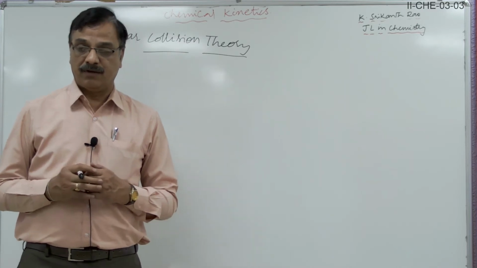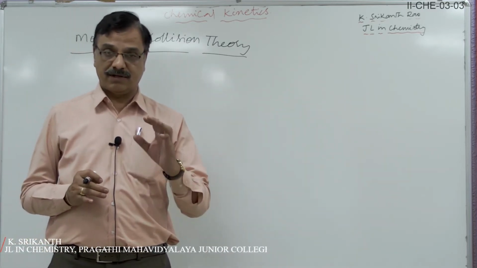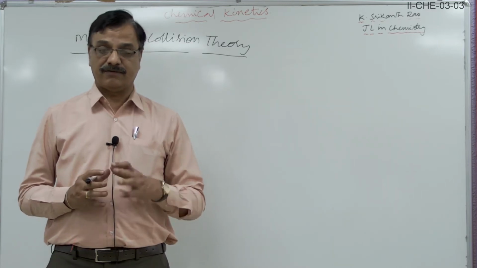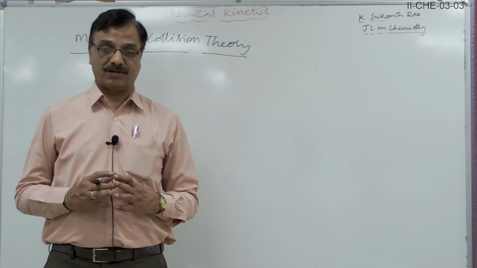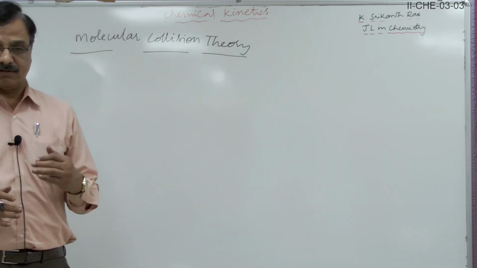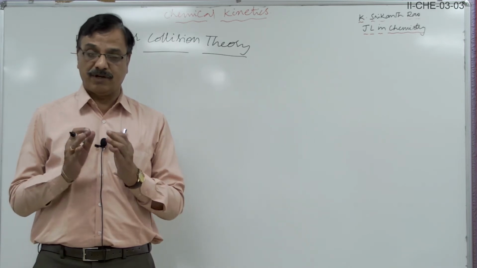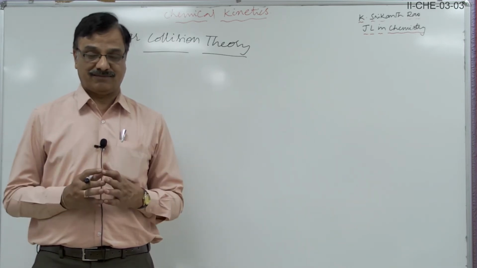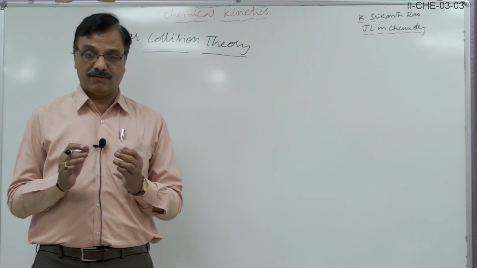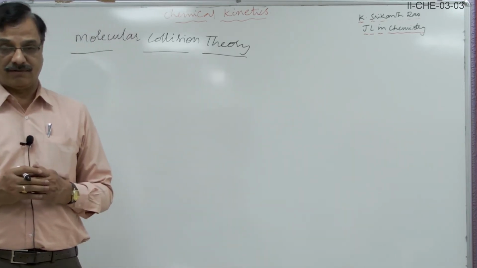Right? So the molecules must possess a certain minimum amount of energy. That we call the threshold energy, right? There are molecules which possess some energy, but not the threshold energy. That energy possessed by the molecule, we call it the normal energy of the molecule, right?